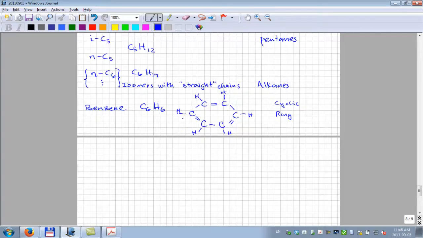Okay, and this has very different properties than all of these C6 alkanes. Very different properties. First of all, I think benzene probably causes cancer if you get a lot of it around you, and it's not good to be around.